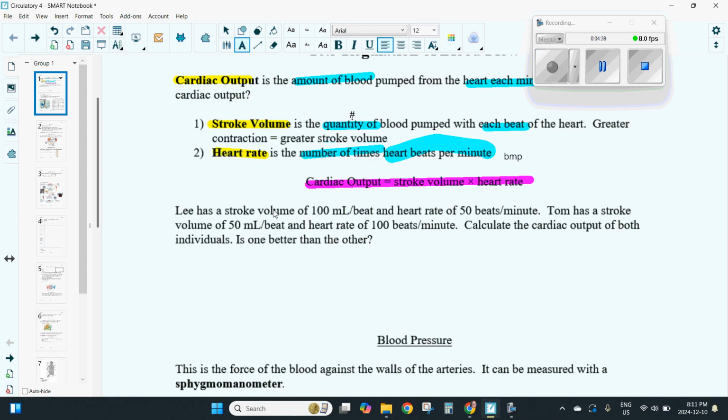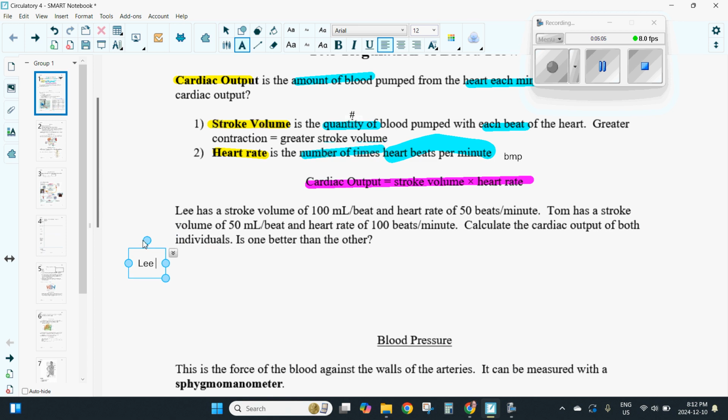Okay, so Lee has a stroke volume of 100 milliliters per beat and has a heart rate of 50 beats per minute. So every minute, his heart beats 50 times. Okay, so if I want to calculate his cardiac output, then what I need to do, and bear with me because it's easier to do calculations if I'm writing them out versus trying to type them out.